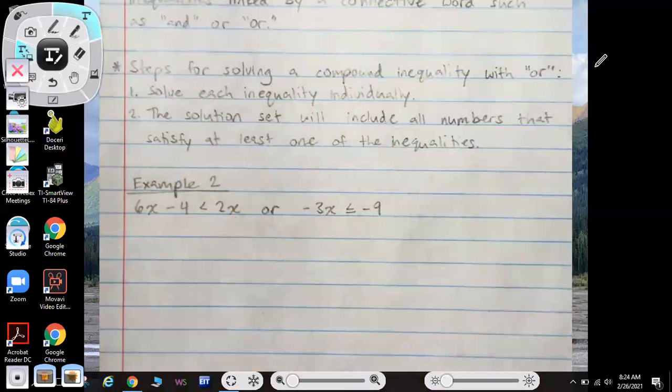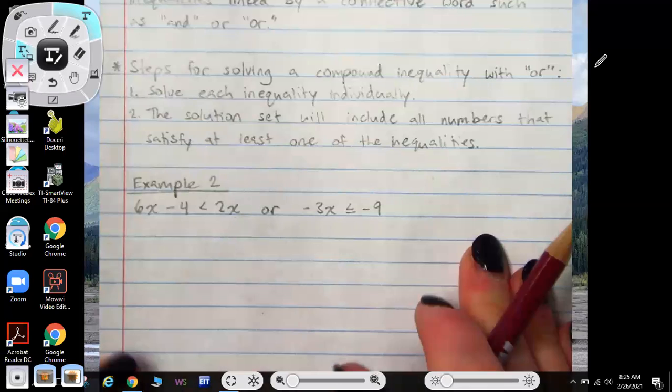Six x minus 4 is less than 2x, or negative 3x is less than or equal to negative 9. We're going to solve these inequalities the same way we've been solving. So let's work the first one first.